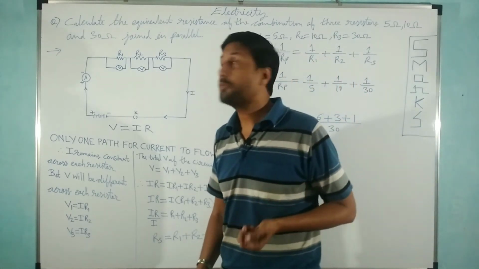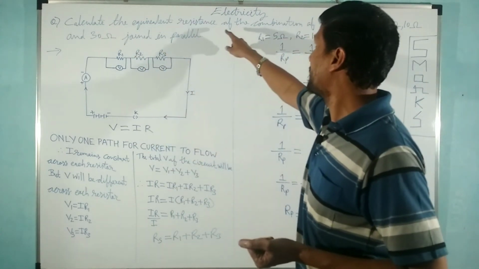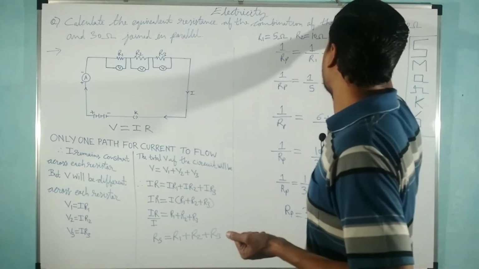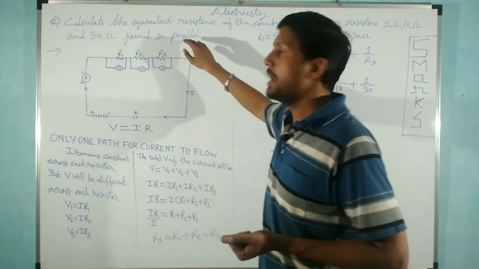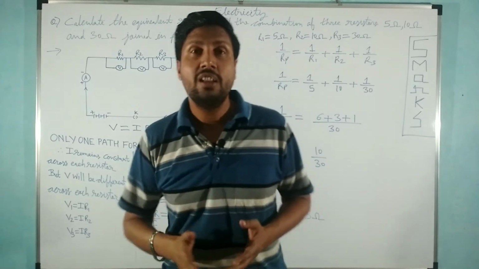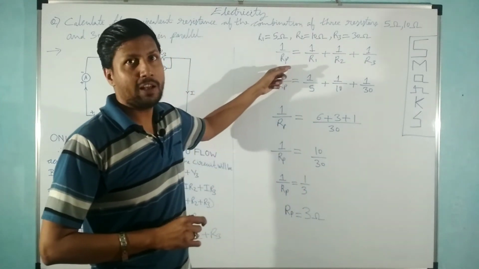Okay, now let's come to the numerical part. Calculate the equivalent resistance of the combination of three resistors 5 ohm, 10 ohm and 30 ohm joined in parallel. So here the calculation is about the parallel connection. This will be the formula for parallel connection.